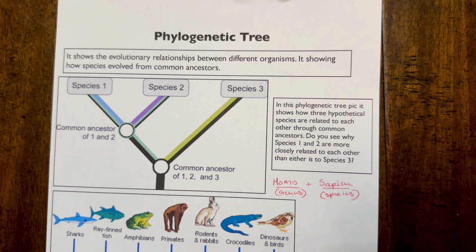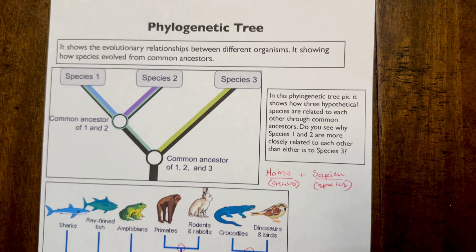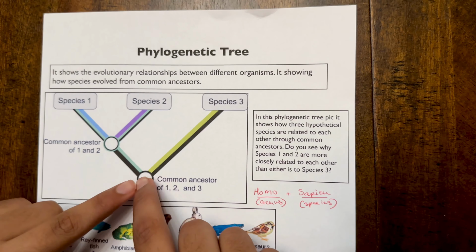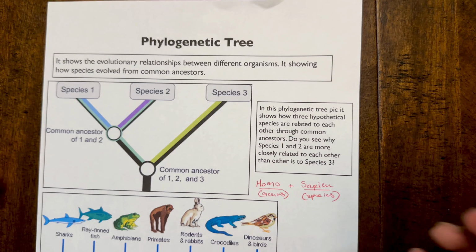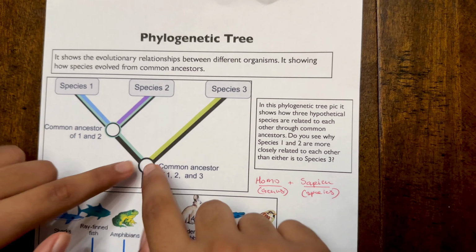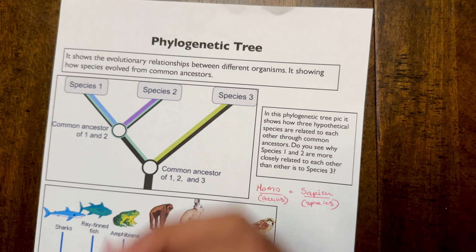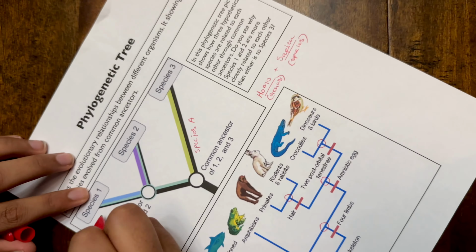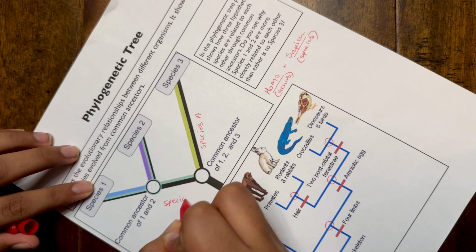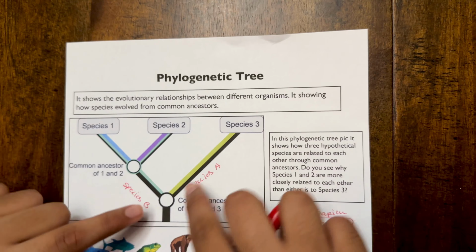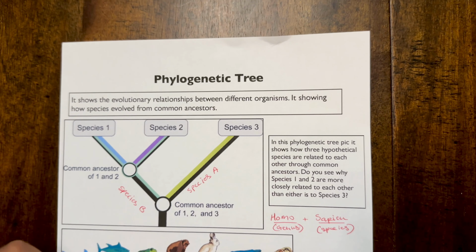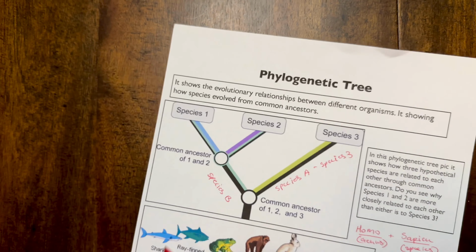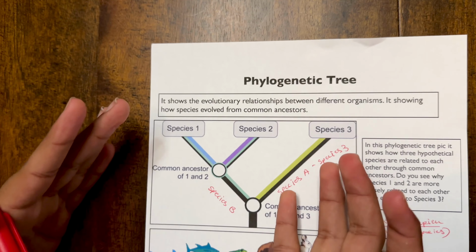However, because these species could have migrated, or a change in their habitat or food or diet could have caused one part of the species to adapt towards that change, we end up with species A, and this part species B. When we end up with species A and species B, species A is just species 3 in this situation, but over here for species B, some other change must have happened too.